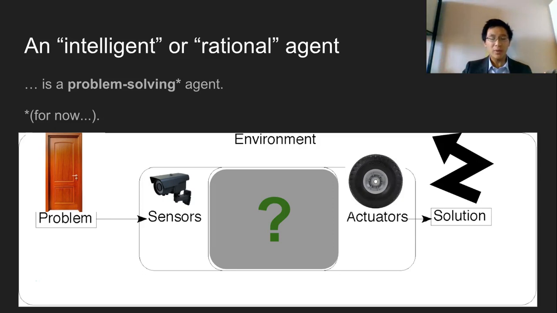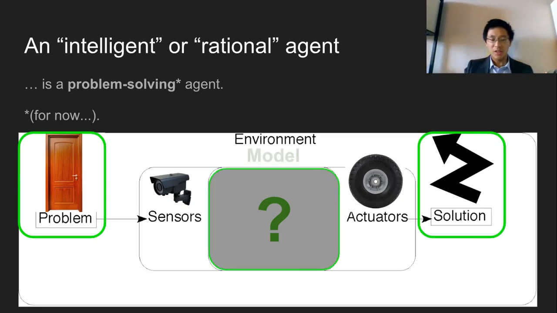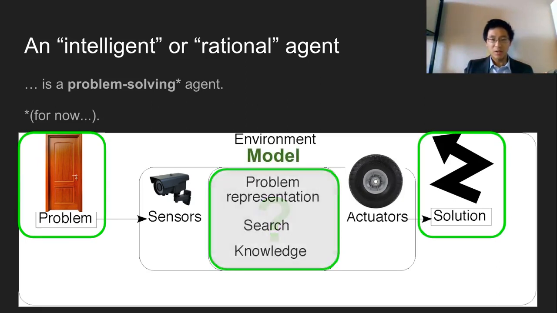And so how we get from the problem to the solution is what we really are trying to do with the model. And so problem to solution, the model is composed of problem representation, search for the solution, and knowledge, which is the most vague part, but perhaps the most interesting part as well, and permeates the whole issue.